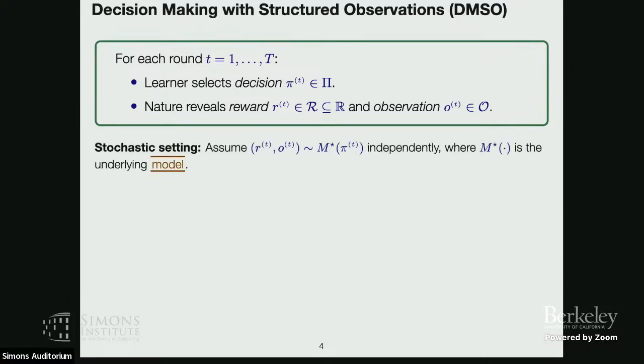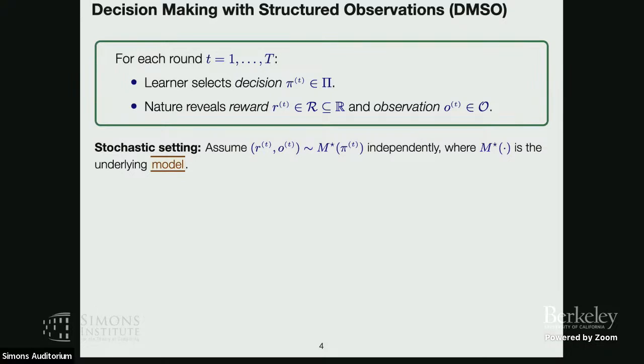First of all, we're going to consider a stochastic version of this setting. This means that we have an underlying model M star, which is a conditional distribution over rewards and observations for the decision we pick. We assume that at each time t, when we pick our decision pi t, the reward and observation are drawn independently from this conditional distribution M star of pi t. We don't know M star in this setting.